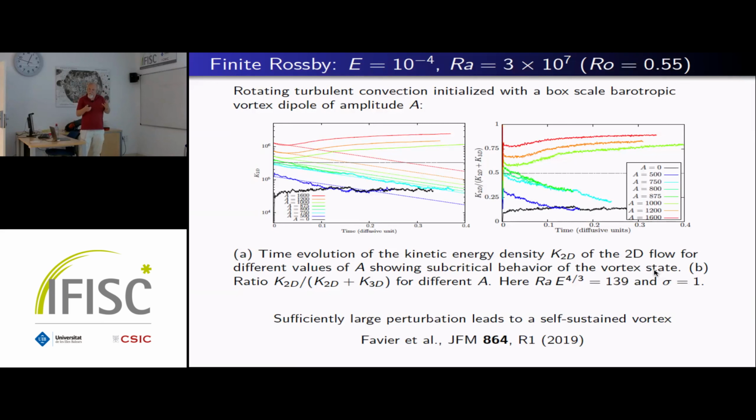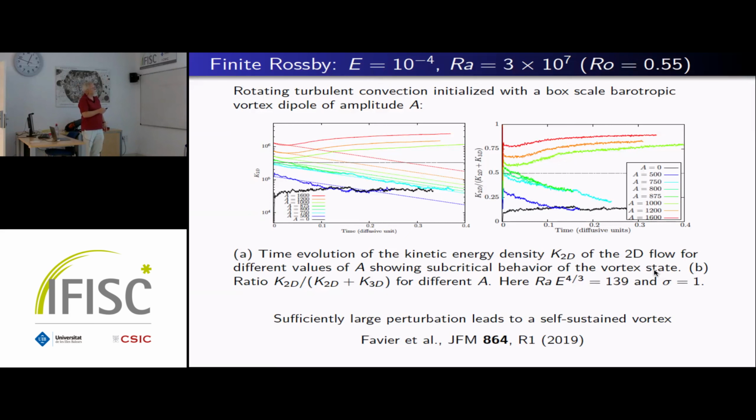But we can insert a large scale vortex into the system as an initial condition. And we characterize that vortex by an amplitude A. And you see that when that amplitude A is large enough, you have initial decay, but then the vortex kind of picks itself up and arranges for the conditions that allow it to be self-sustained.